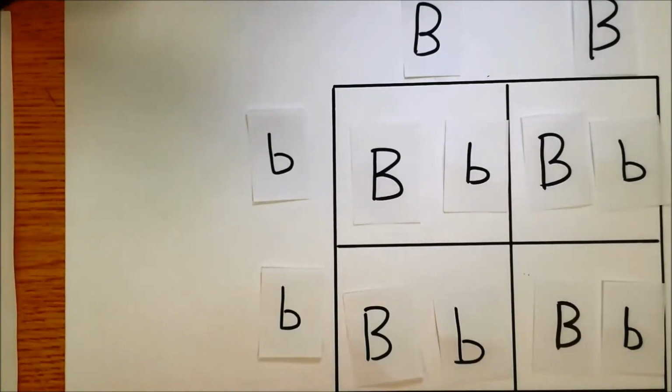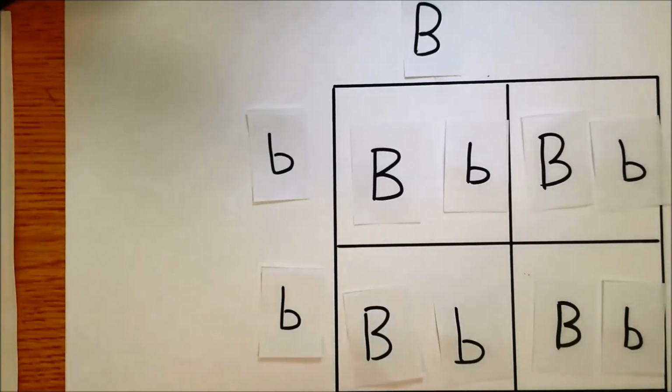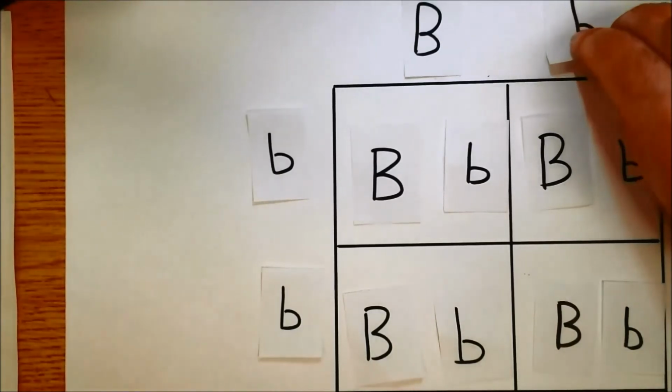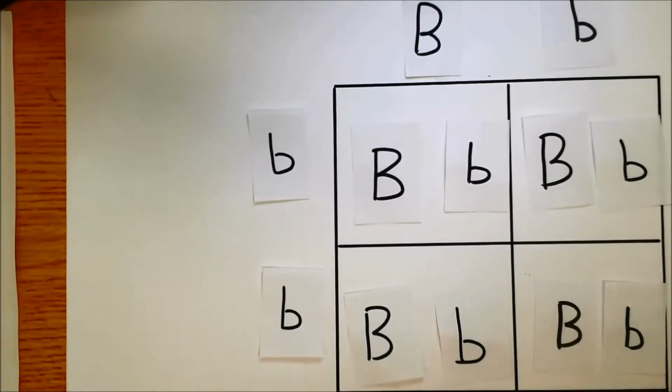So we need a possibility. We know mom has to be two little b's. That means dad has to be a heterozygote himself. So we replace the big B with a little b right there. And what that does for us is change the Punnett square in such a way where you now have a 50% chance of having a blue-eyed child.